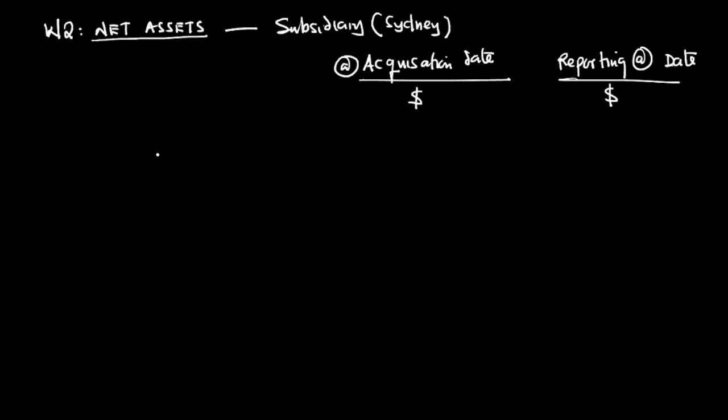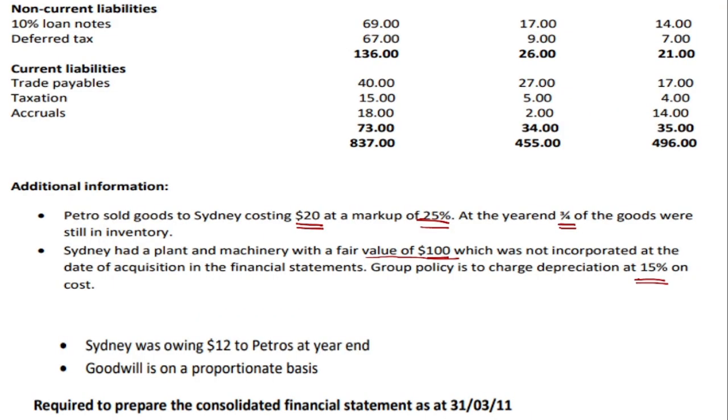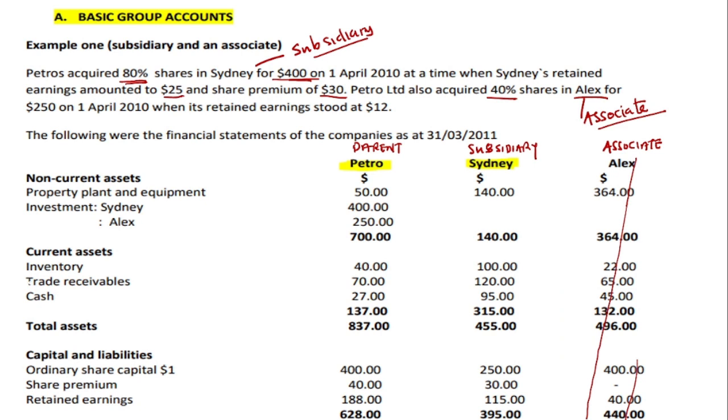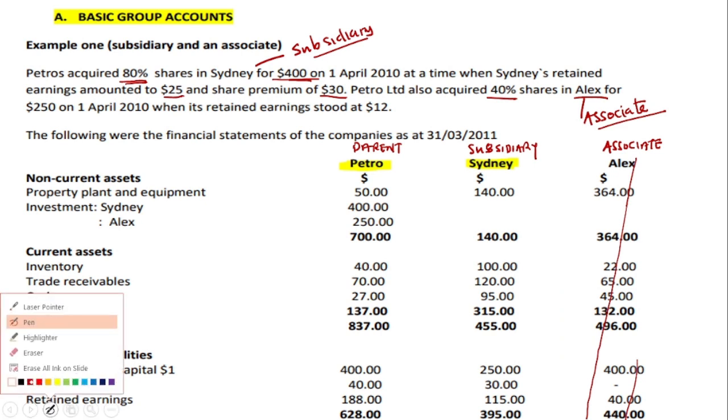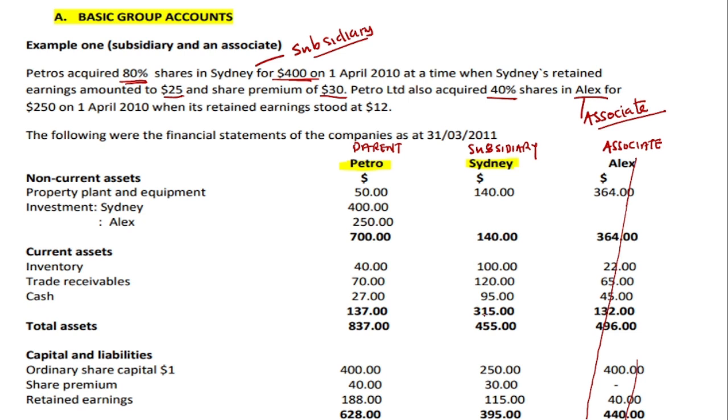Now, what is making up the net assets? Let's get to SIDIN. Under SIDIN, you check your share capital. Share capital for SIDIN, we have 250. The share premium, you have 30.